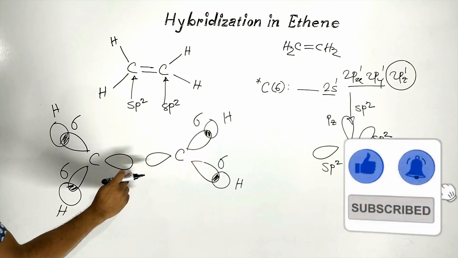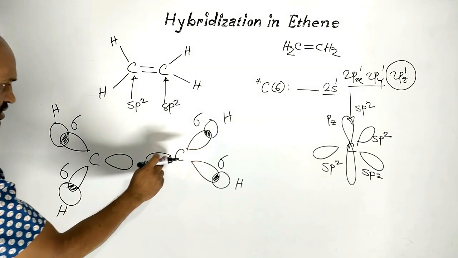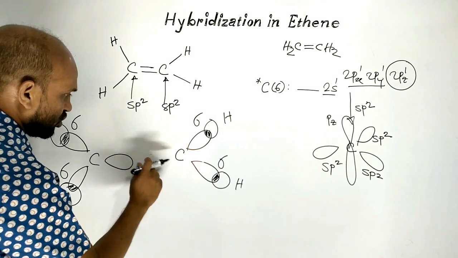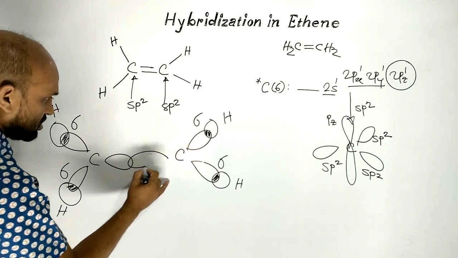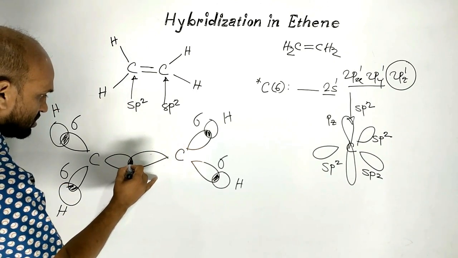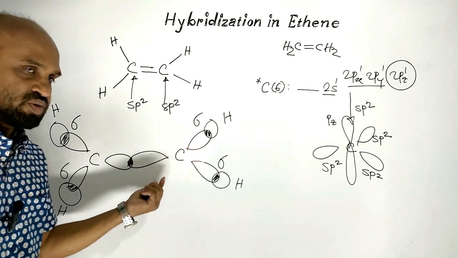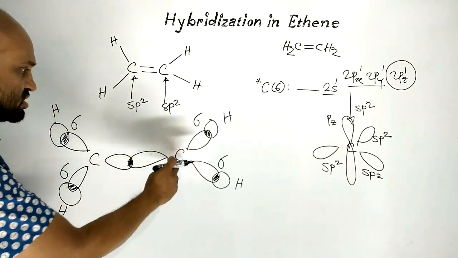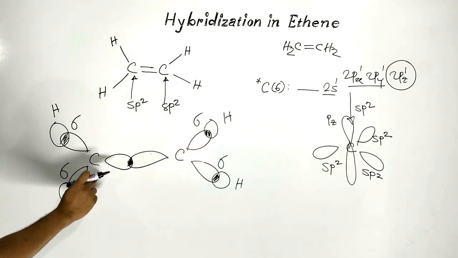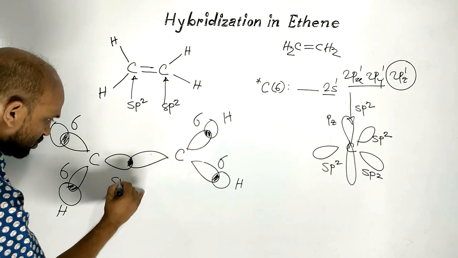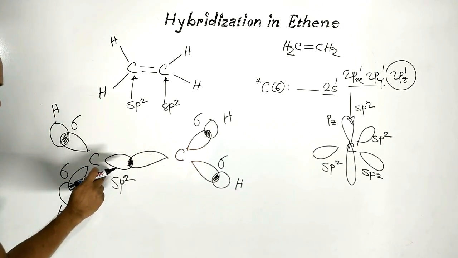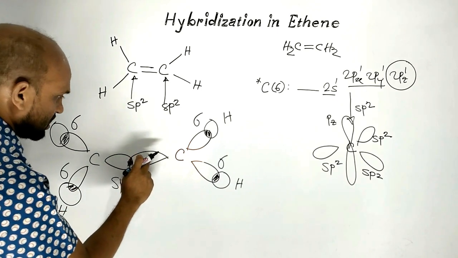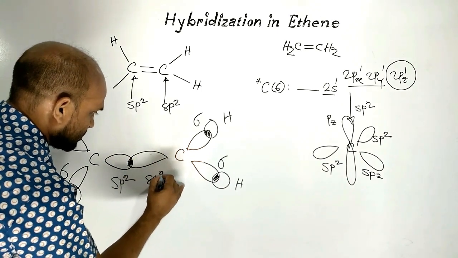And another bond which is formed by head-to-head overlap of sp2 orbitals of this carbon and this carbon. That is, sp2 hybrid orbital of this carbon overlaps sp2 hybrid orbital of this carbon.